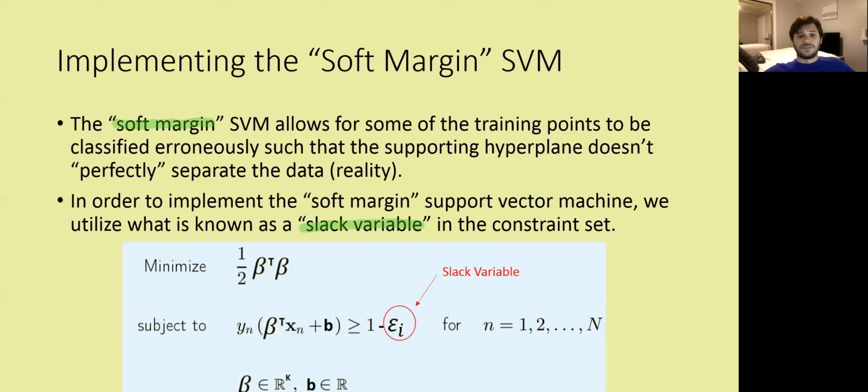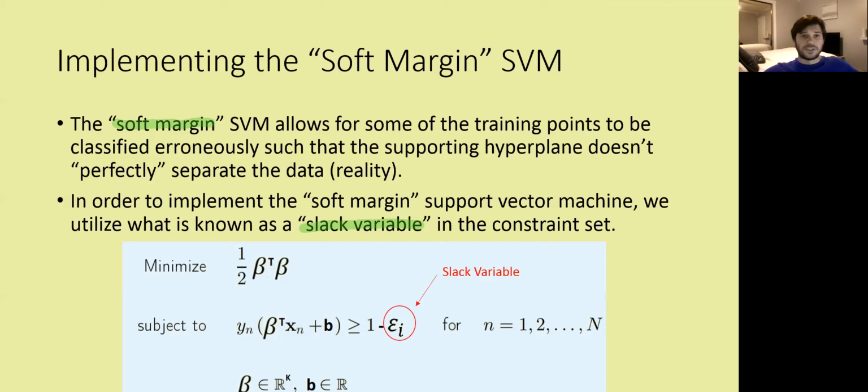It allows us to violate the boundary inequality for a certain observation or for multiple observations. Depending on the size of that slack variable, we can have larger violations or smaller tolerable violations. That will allow us to generate an SVM boundary. It could be linear or nonlinear if you use that Z transform, but it will not have a perfect in-sample prediction error. It will have a few observations that do violate the boundary.